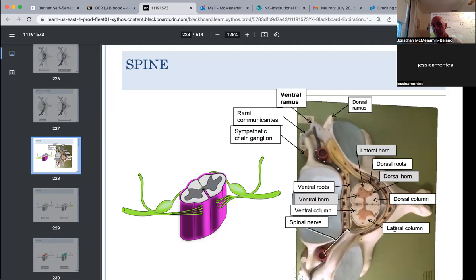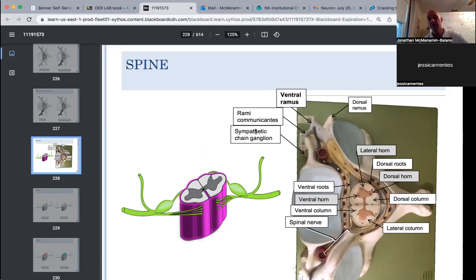All of these columns, large amounts of myelination. All of the horns, very little myelination. And to travel between the right and the left sides of these, we would use this thing that's called a commissure.